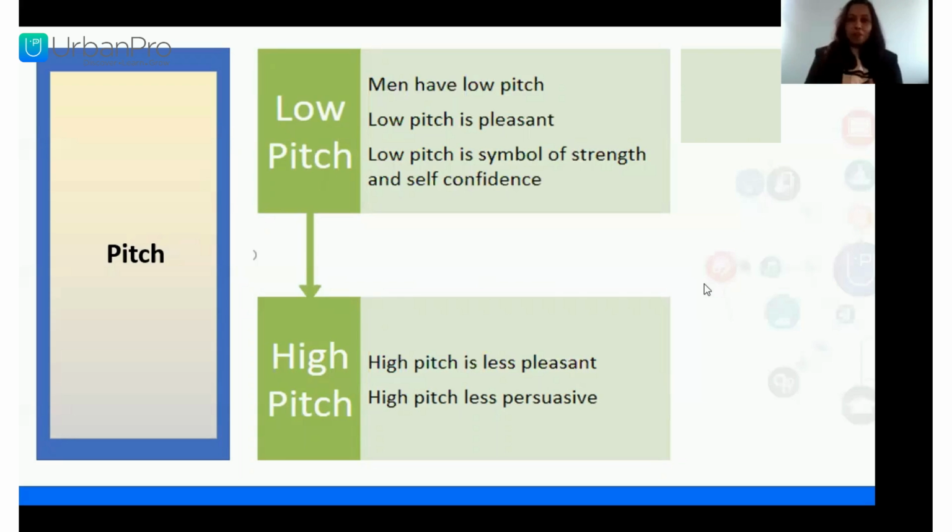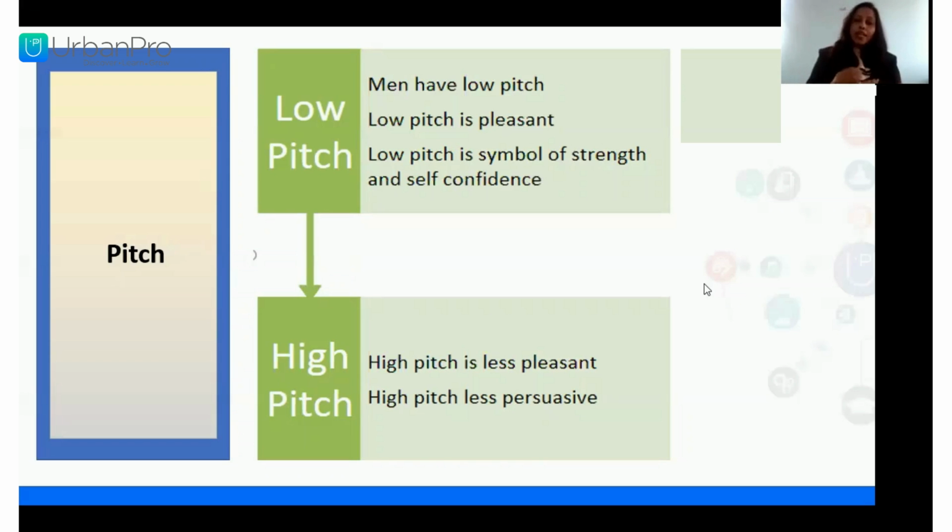I would not say that when women speak, it is not impressive. But what I am saying here is that if you're talking in a high pitch, it shows that it is not that pleasant, neither is it persuasive. So if your pitch is low, then it becomes impressive, and at the same time it is persuasive.